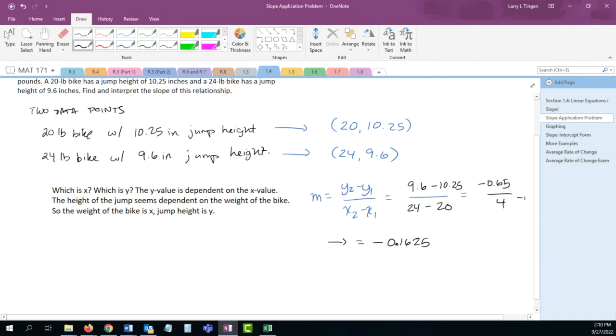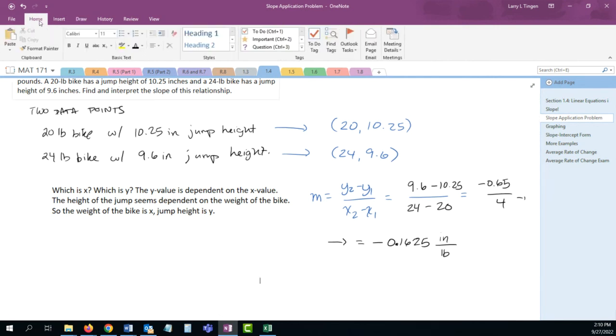So this is negative 0.1625 inches per pound. We agree already that as I increase the weight of the bike, I decrease the jump height. This is the rate of that change.